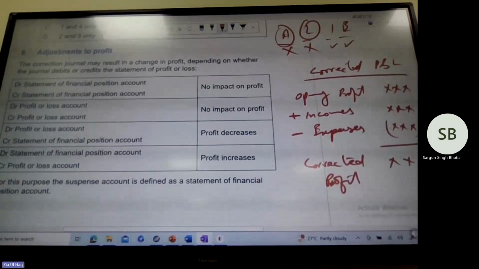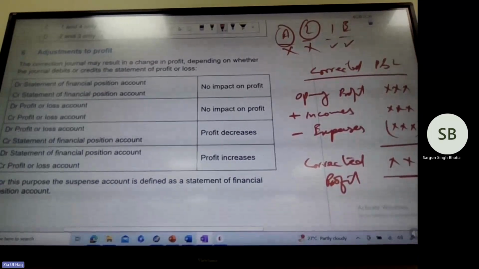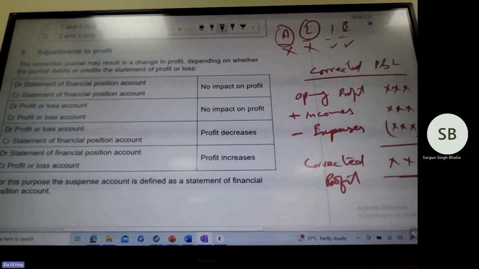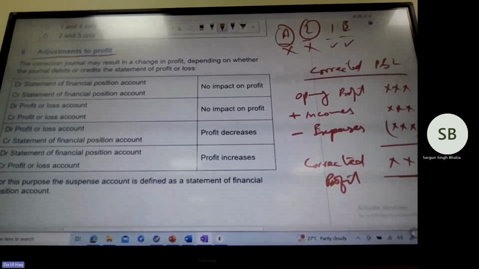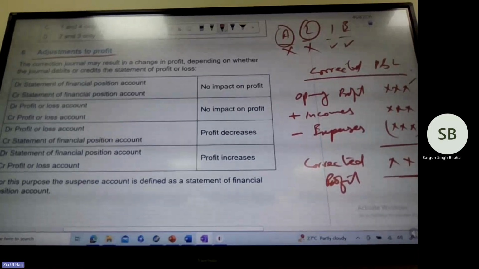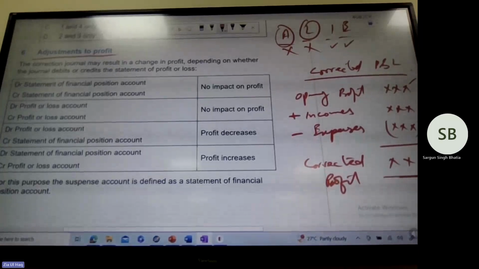What happens at the year end? There are some adjustments at the year end that we need to adjust with the profit. Only adjustments relating to income and expenses are adjusted with the profit, because assets and liabilities are balance sheet items and will not be adjusted to profit.